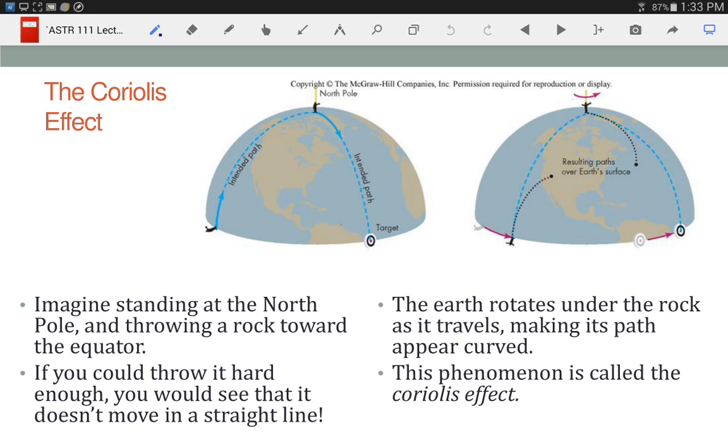But we're moving pretty quick at the equator. So if you're at the equator and you throw a ball straight north, that ball isn't just going north. It's also going to be going east because we're traveling eastward. So the ball is going east and north.